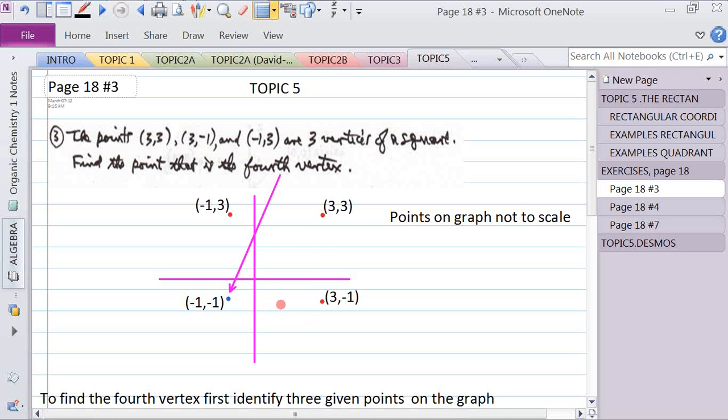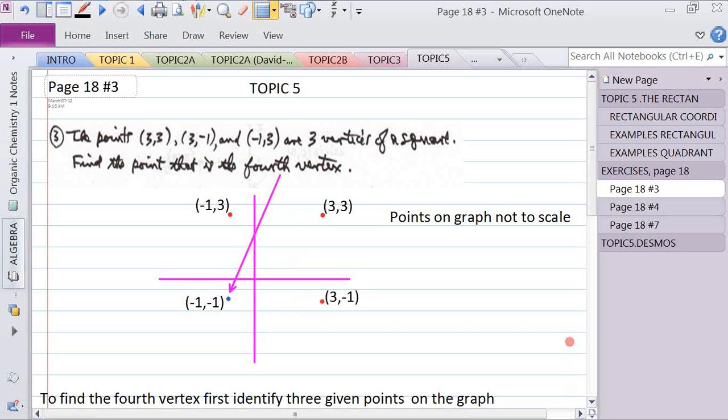So we know this point, and we know that the x is 3, so roughly here. Y is 3, and here y is -1. And the next point is (-1, 3). So we go out, (-1, 3), it's there. The red dots indicate the points that we know.